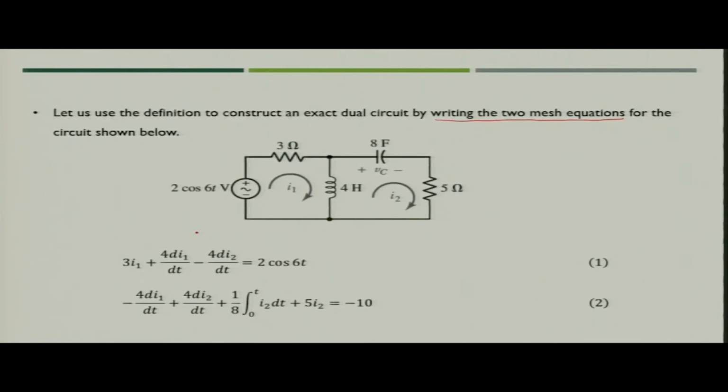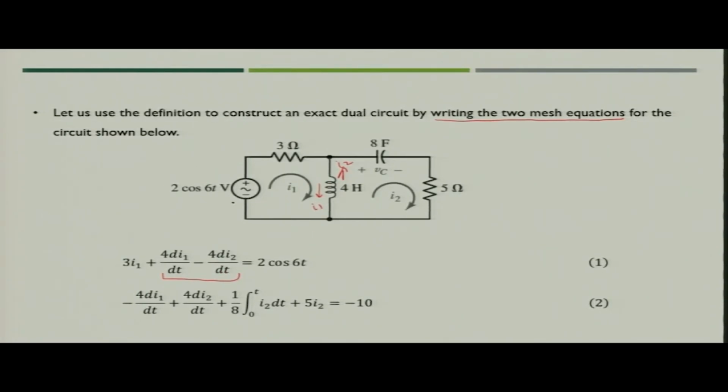The current I1 is flowing through the 3 ohm resistance, so we write 3 I1. Then the current flowing through the inductor, I1 is in this direction while I2 is in the opposite direction, so it will be I1 minus I2, and since the voltage across an inductor is given by L di by dt, this becomes L into d of (I1 minus I2) by dt, that is 4 dI1 by dt minus 4 dI2 by dt.